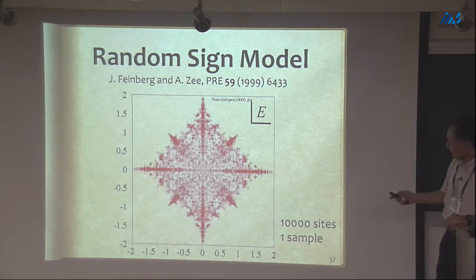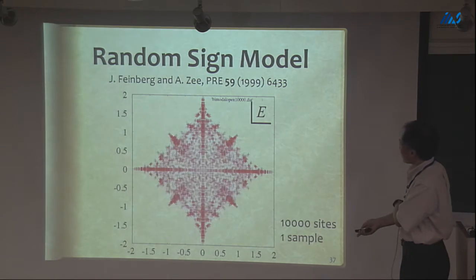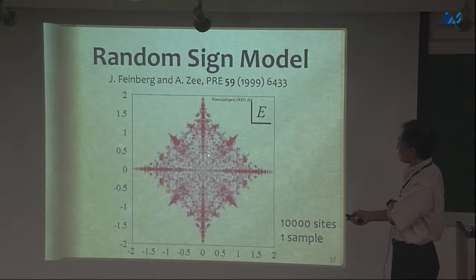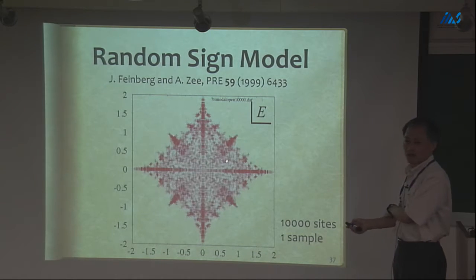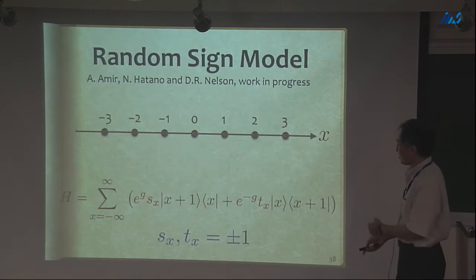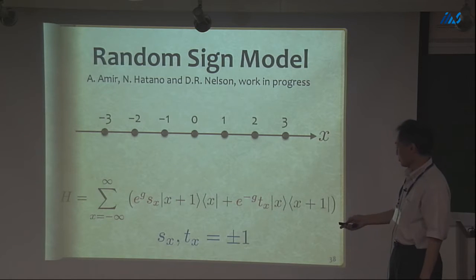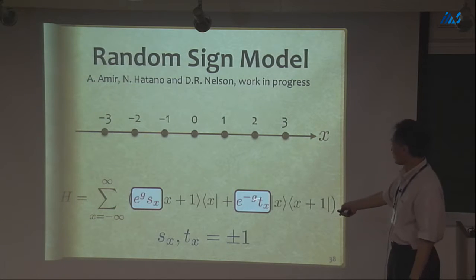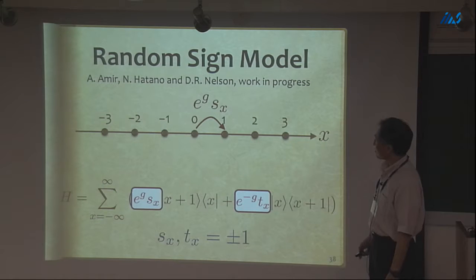The point is, this is again a one-dimensional random model, so we are interested in the inverse localization length of this. To compute that, we introduce this gauge field, an imaginary vector field, and so now there is a preference to the right.